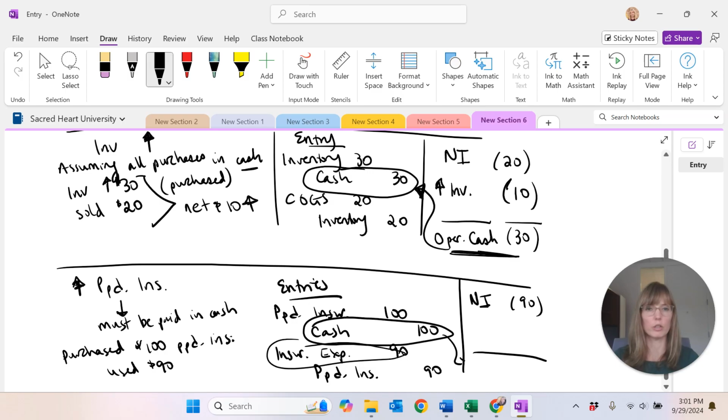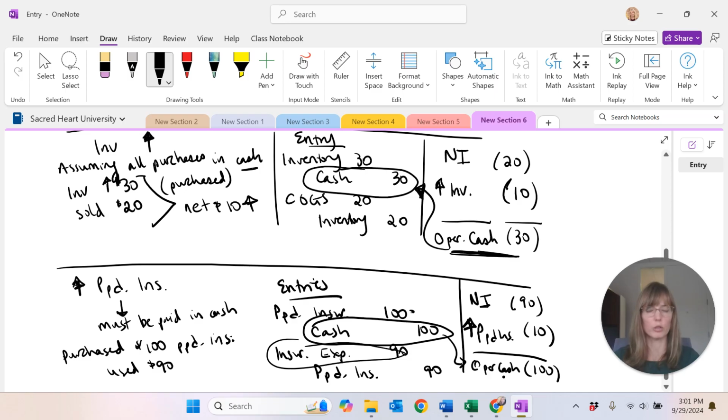Well, we started with 100 in our prepaid insurance, and we used up 90. So we have an increase in prepaid insurance of 10, and we need to subtract that out in order to reconcile our net income to our operating cash flows. So that shows why we subtract an increase in those operating assets.